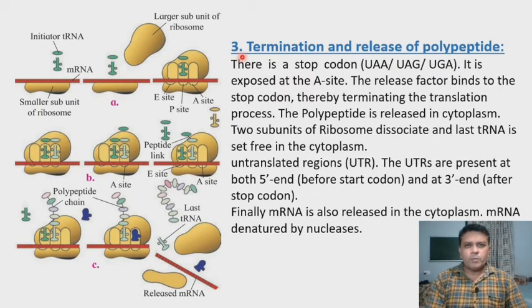After the formation of the polypeptide chain, the termination and release of the polypeptide chain occur. Now there is a stop codon. It may be UAA or UAG, or it may be UGA. So this stop codon is exposed to the A site, and the release factor binds to the stop codon at the A site and stops the process of protein synthesis.